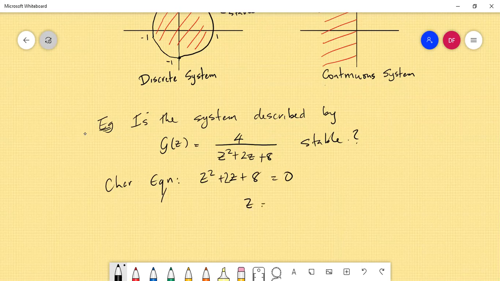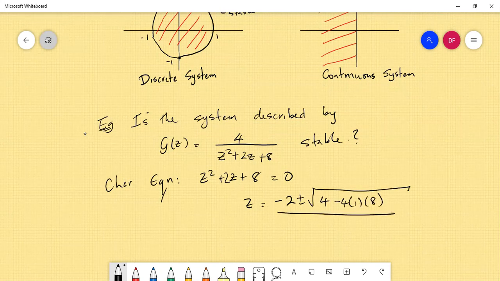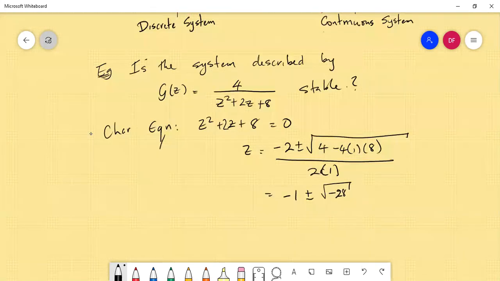So z is equal to minus b, which is minus 2, plus or minus the square root of b squared, which is 4, minus 4 times a times c, which is 8, all over 2a, 2 times 1. That's minus 1 plus or minus the square root of 4 minus 32, which is minus 28, over 2.